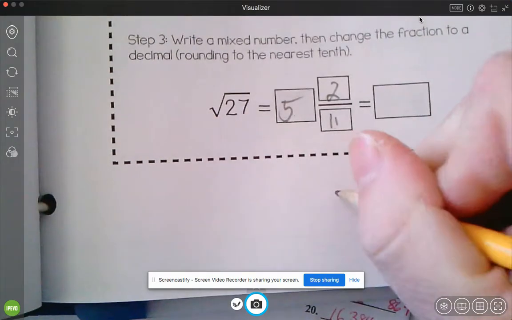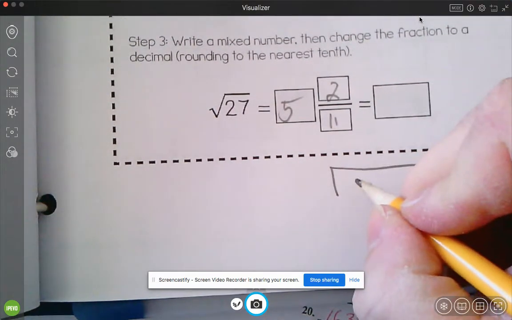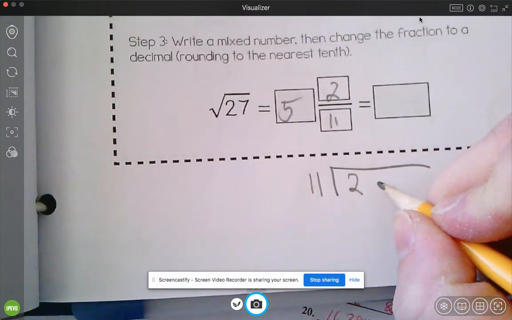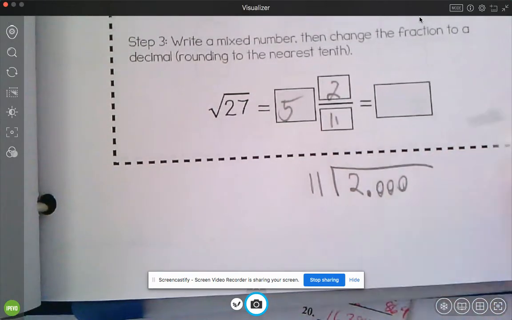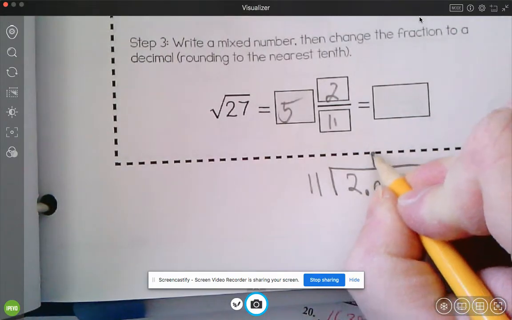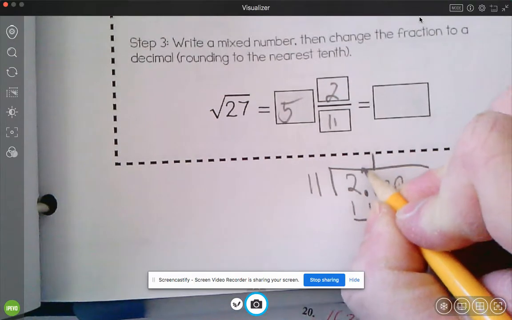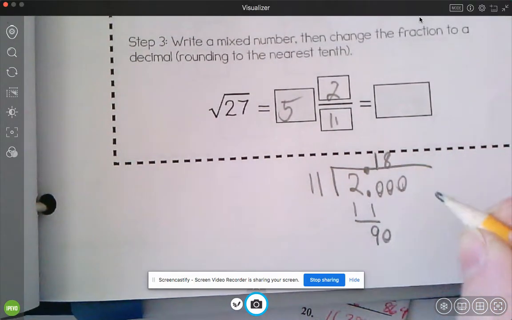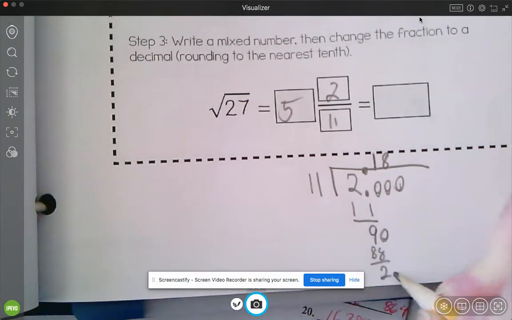So does anyone remember what goes on the inside and the outside when you do 2 divided by 11? You get 2 on the inside, 11 on the outside. Then you add a decimal and a bunch of zeros. 11 goes into 20 one time, then you subtract, and you can pop the decimal there. Left with 9, then a 0, and then 8, and then 88, and then 2 and 0.